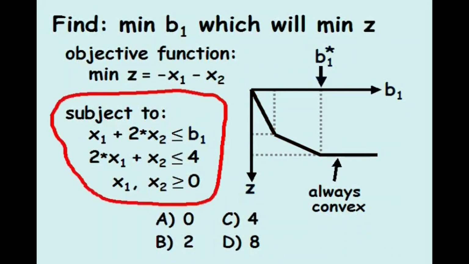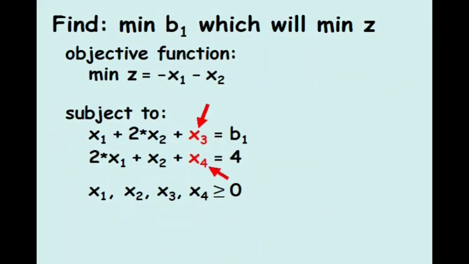To begin this problem, we'll put the constraints into standard form of Ax equals b. To do so, we'll add slack variables x3 and x4 to the left-hand side of the first and second constraints, respectively.